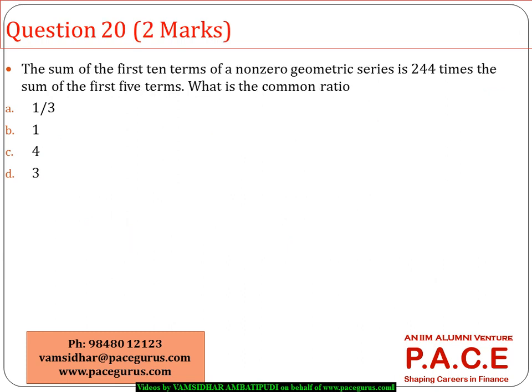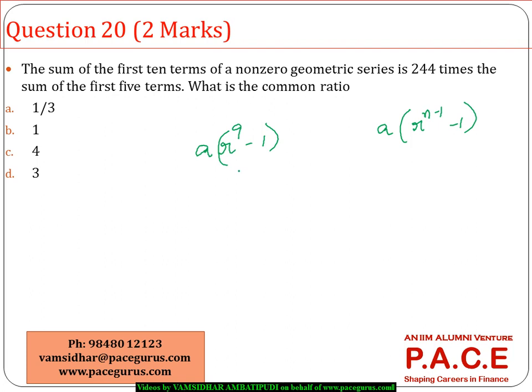Look at this. The sum of the first 10 terms of a non-zero geometric series. So what is the sum of the first 10 terms of a geometric series? A into r to the power of 9 minus 1. If you see the sum of first 10 terms, we used to say a into r to the power of n minus 1 minus 1.